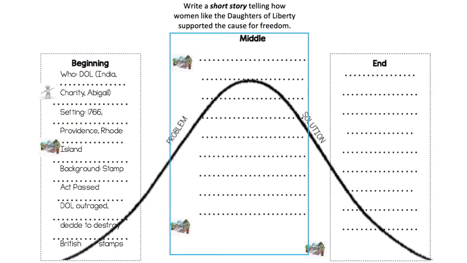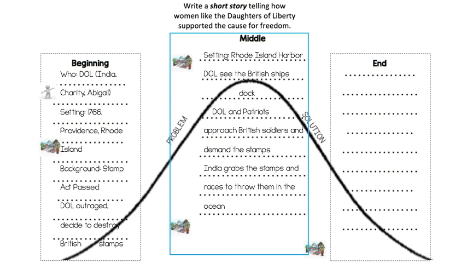I know in my middle, I need to talk about our problem, how our problem is getting worse, and this focal point, the climax of our story, the most dramatic part of our story is going to happen in this middle section. So at this point, I need to brainstorm what happens next because it's not covered in my act. This is where you as a writer can get creative, or you can use my shell as an outline for how your story might sound too.